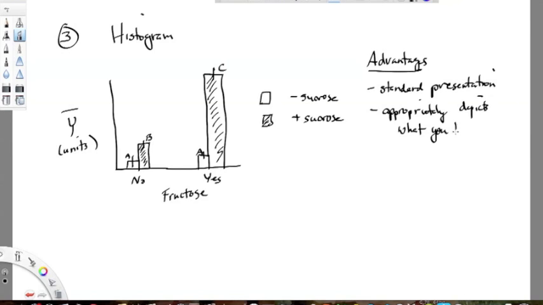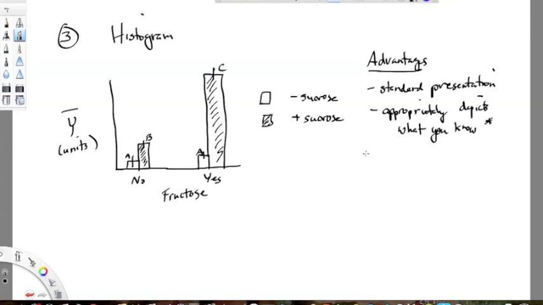Now, what do I mean by that? What I mean is we haven't drawn a line that falsely implies we know something about in-between levels of fructose and sucrose. So in that sense, this is a more correct diagram than the line diagram.